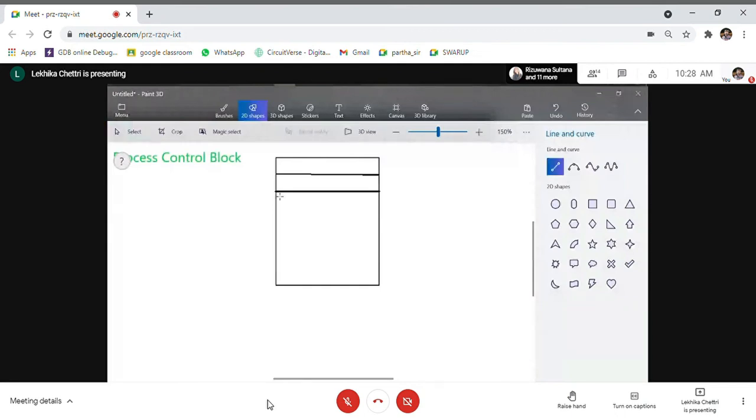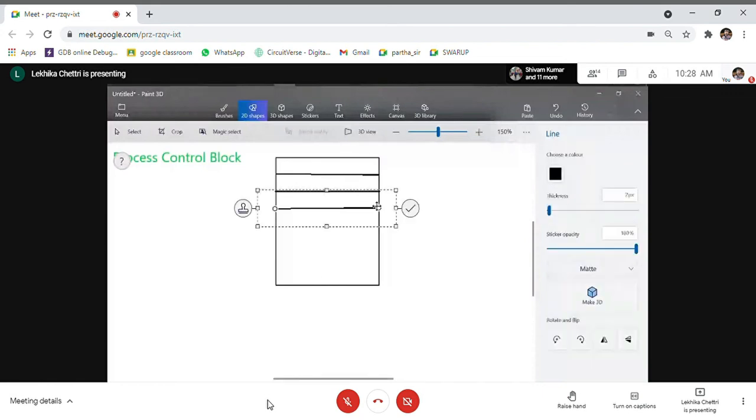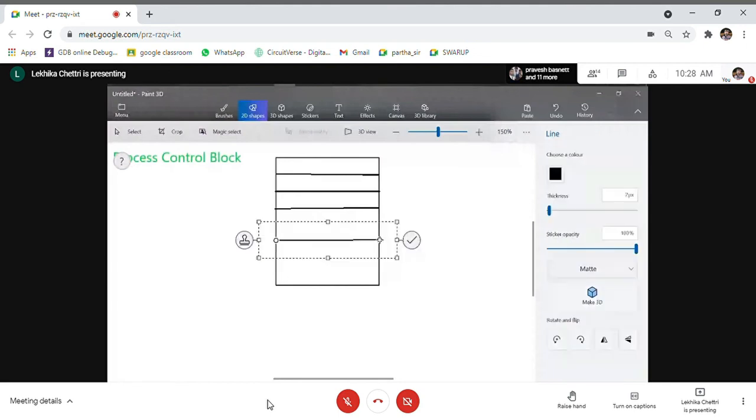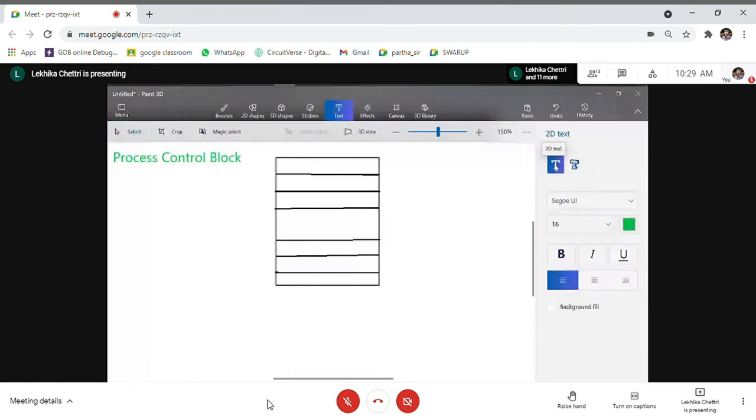So this is the content of your stack. This is your process control block and its associated fields.